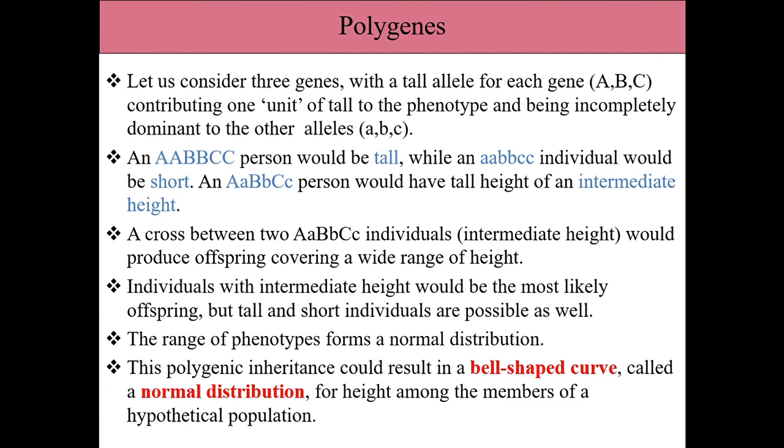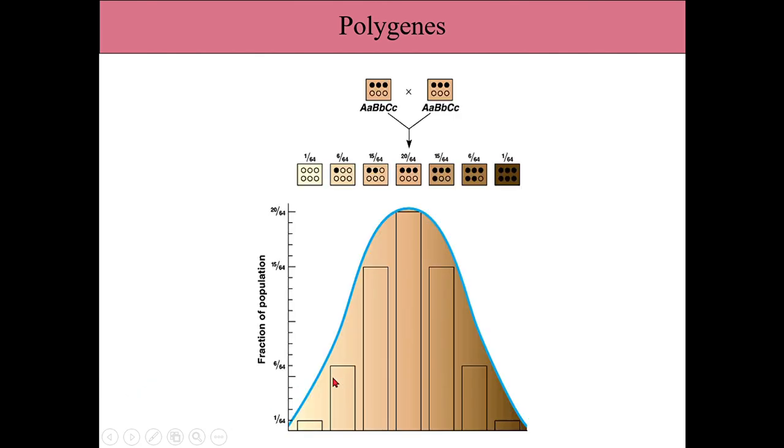So this distribution of height, if you plot a graph, will produce a curve that is bell shaped. This bell shape is also known as normal distribution. So for example, this is how a bell shaped curve looks. Let's say you measure the height of everyone in one area and you plot a graph, you will find this kind of graph.